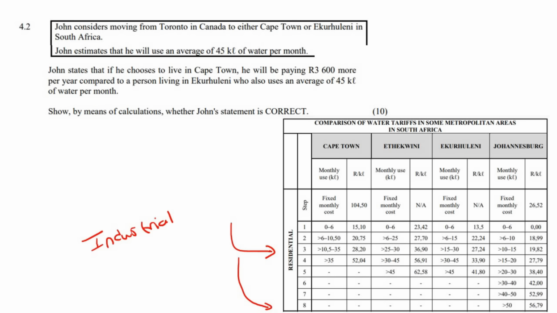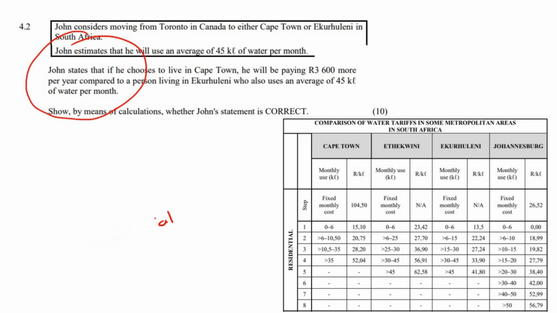But this person is just looking at where he lives, so that's going to be residential. So I ignored that bottom part, which is wrong of me, but it's just to save space. So we're not going to be looking at the business or the industrial or the commercial, whatever they called it. We're only looking at the residential. All right.